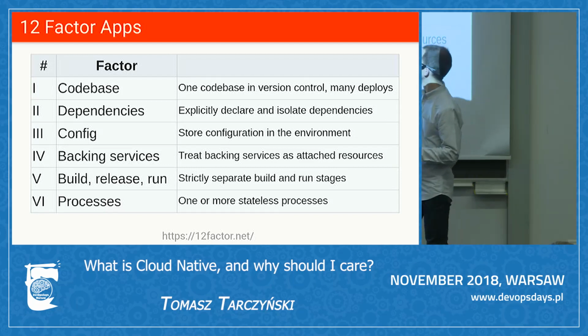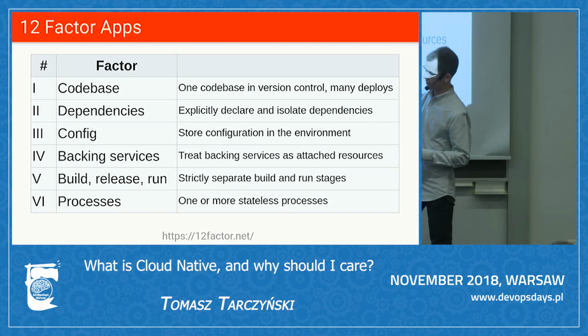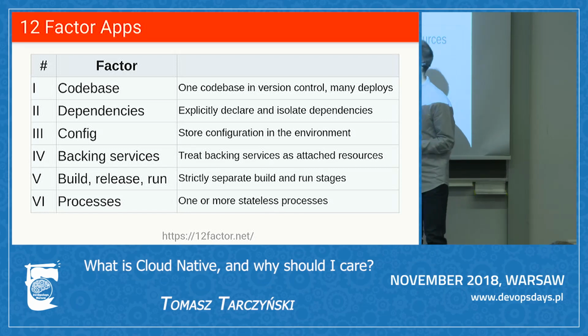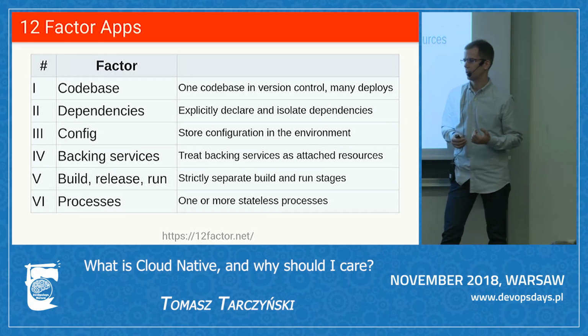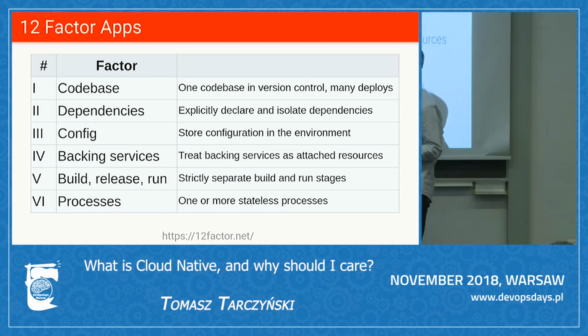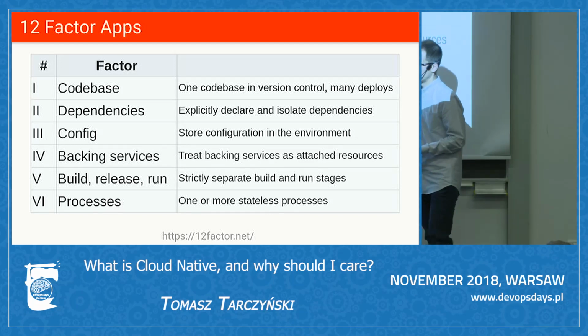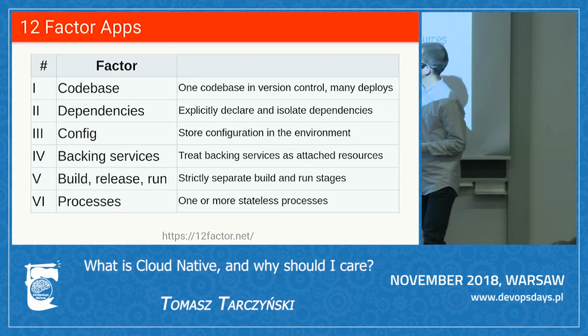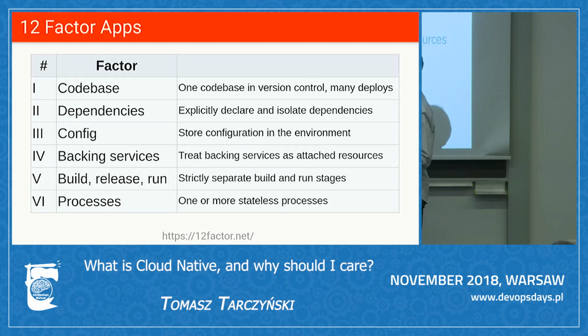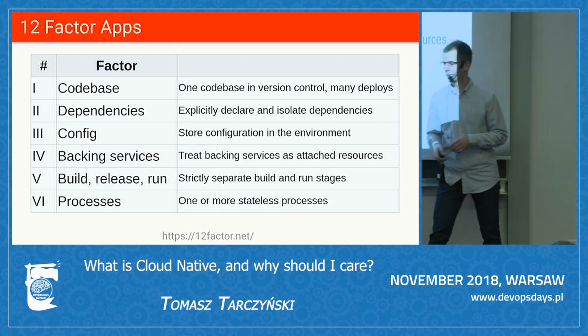And there is this very interesting methodology from Heroku called 12-factor apps, and it prescribes some key characteristics that your application should match to run well in such an environment. I would just highlight a few of those, not go through all of them.